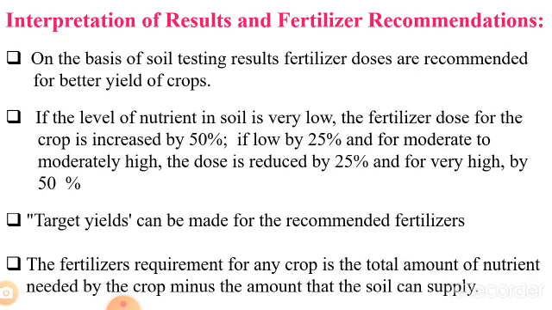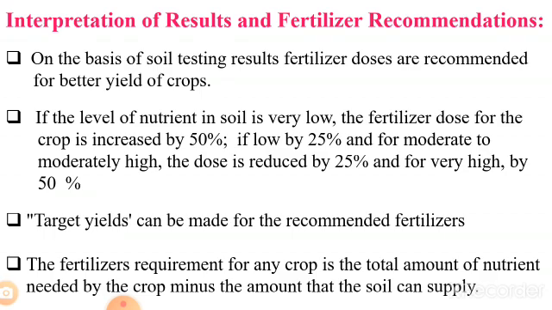On the basis of soil testing results, fertilizer doses are recommended for better yield of crops. If the level of nutrients in soil is very low, the fertilizer dose for the crop is increased by 50%, and if low by 25%, and for moderate to moderately high, the dose is reduced by 25%, and for very high by 50%.